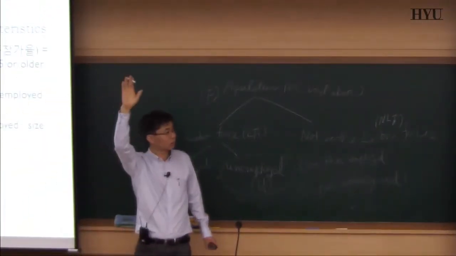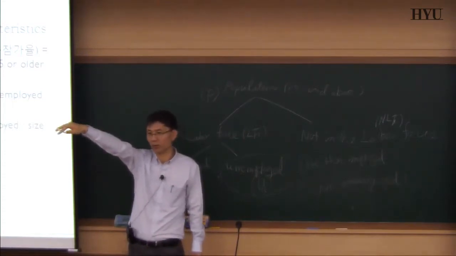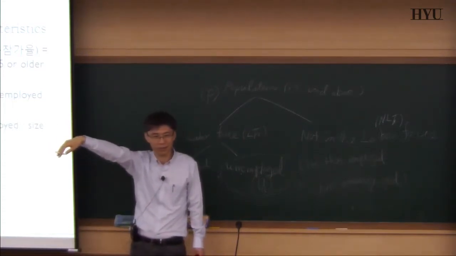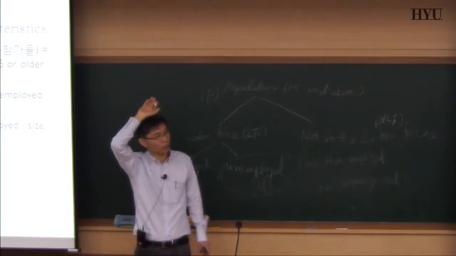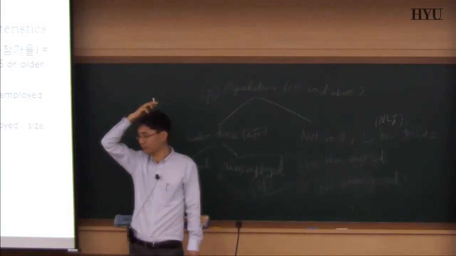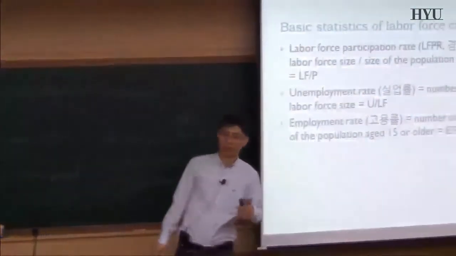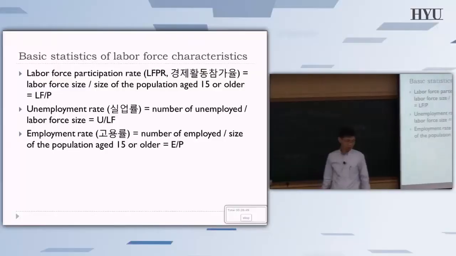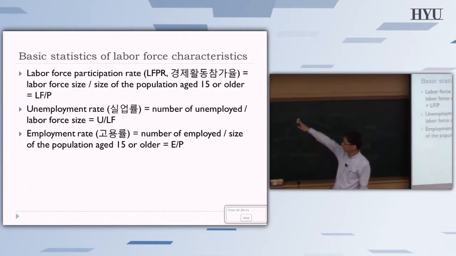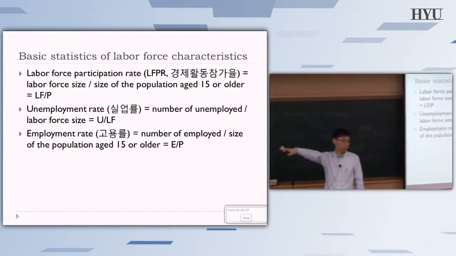LFPR, UR, unemployment rate. In short, we call it UR. Okay? Employment rate, we call it ER. Okay? That's a very common abbreviation of these three numbers, LFPR, UR, ER. Okay? And these statistics are, in a way, standardized across the world.